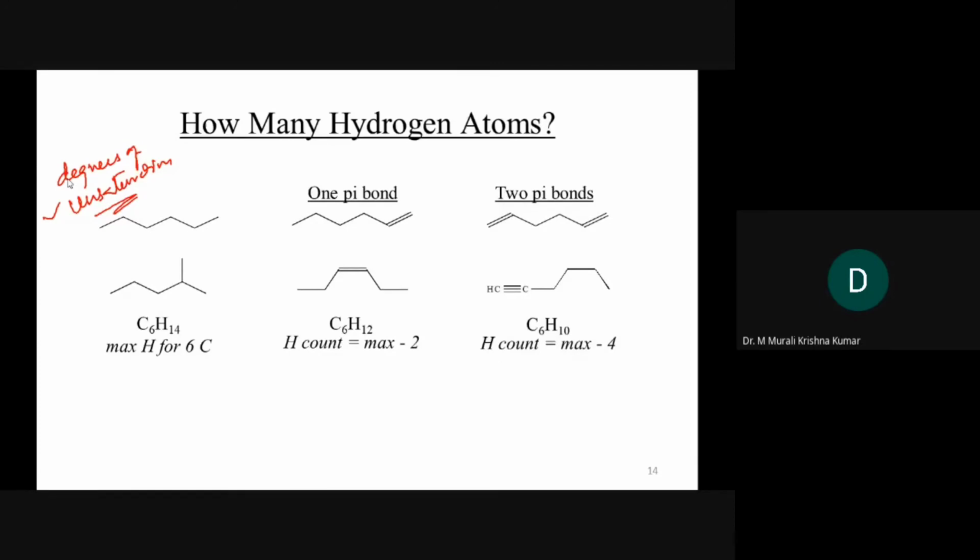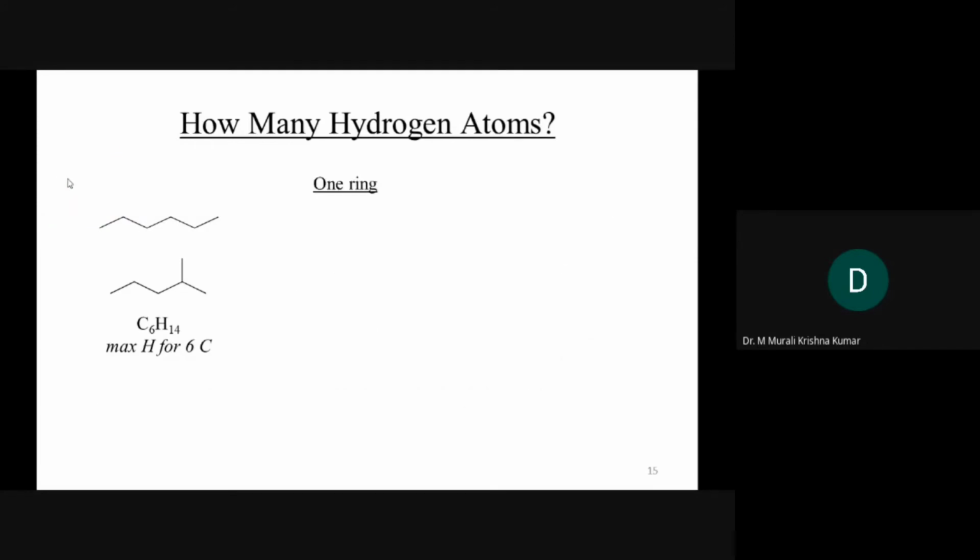So the molecular formulas follow a trend, they follow certain rules, which clearly tells us how many degrees of unsaturation there are in an organic compound. Each pi bond reduces the maximum hydrogen count by 2. Remember this. The next one is, when you have one ring, then also the hydrogen count is reduced by two hydrogens.